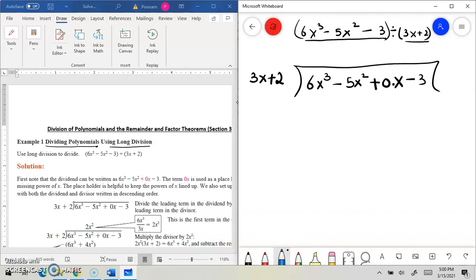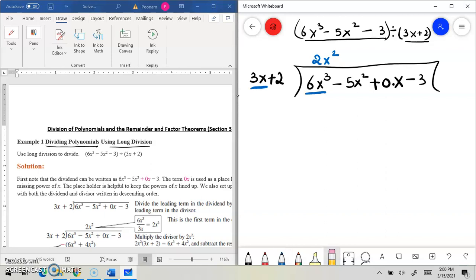So I just pay attention to the first part of both polynomials. What should I multiply 3x with to get 6x cube? I think if I multiply 3x with 2x square, I would get 6x cube. But you have to multiply the whole 3x plus 2 by 2x square.